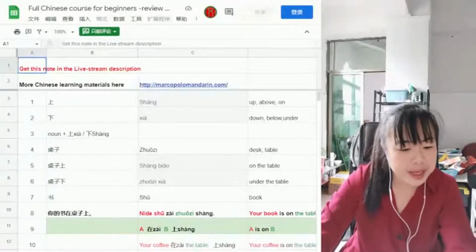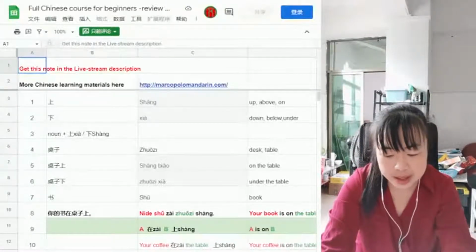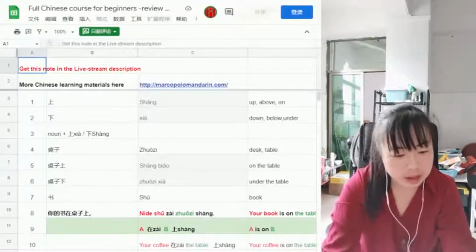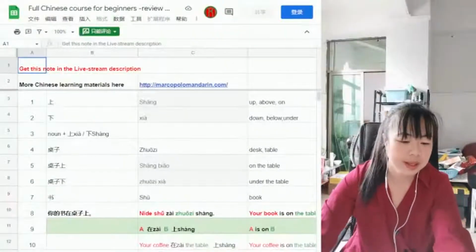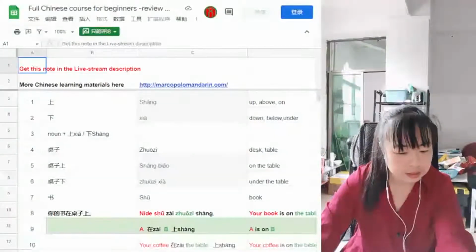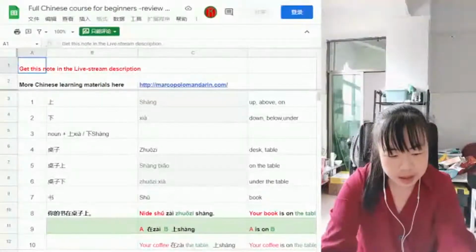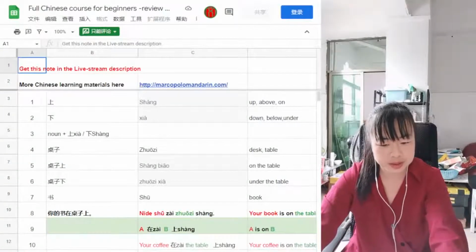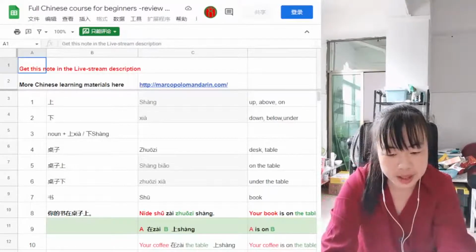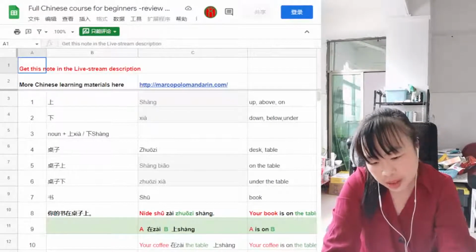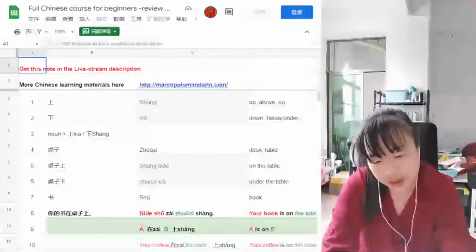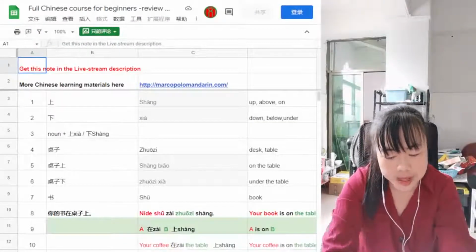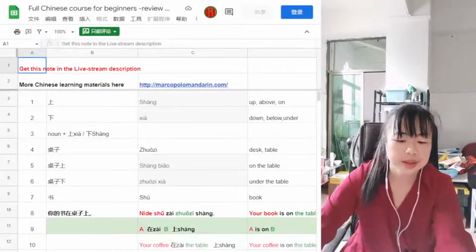A 在 B 前 or 后, A 在 B 的前边 or 后边, the 的 is optional. So 前 means in front of. 后 is behind.